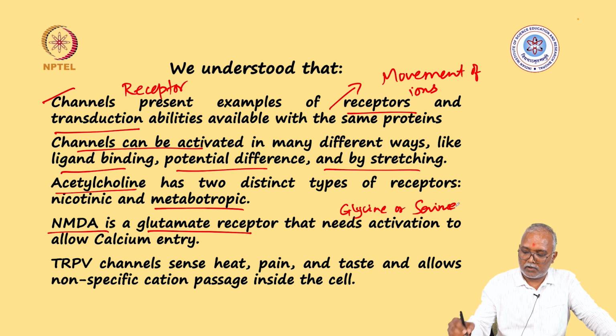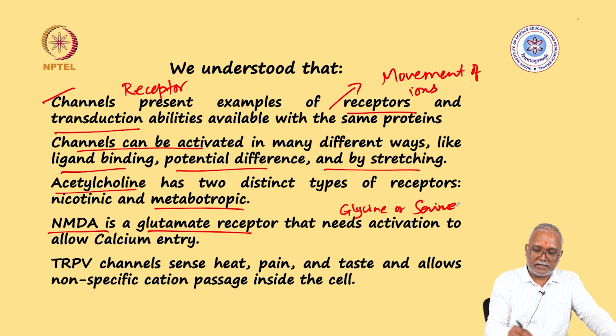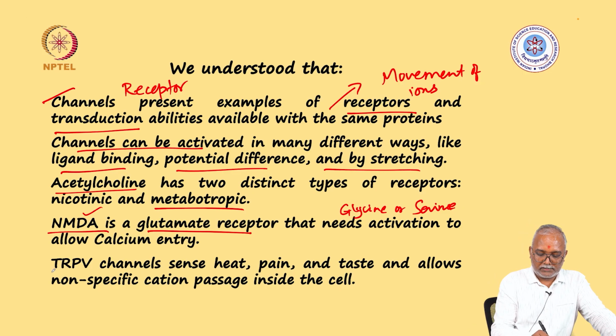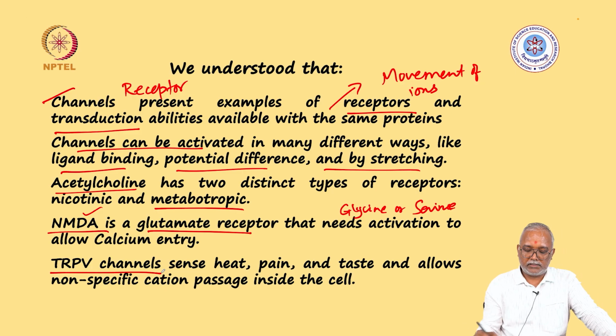More importantly, we saw how it is helpful in understanding the phenomenon of coincidence, that another event of membrane channel opening and allowing the movement of ions can be detected just by seeing if the NMDA receptor is being activated. We lastly saw the TRPV channel. These channels are widespread in the body.